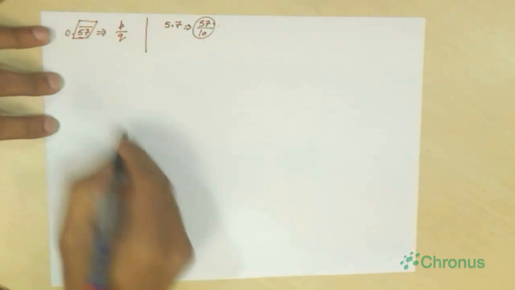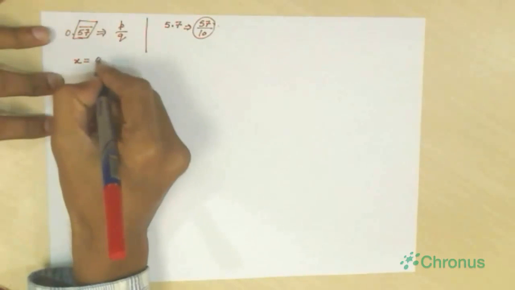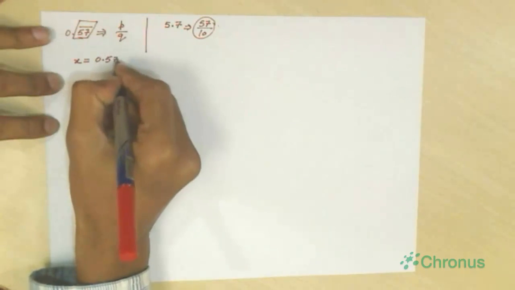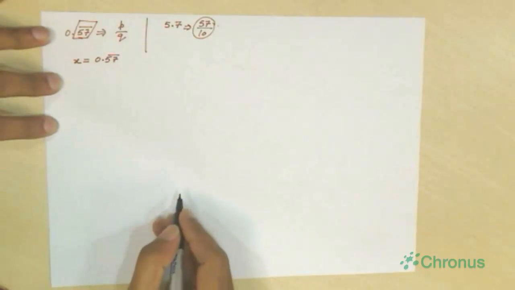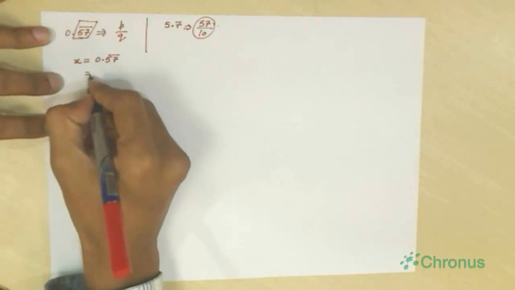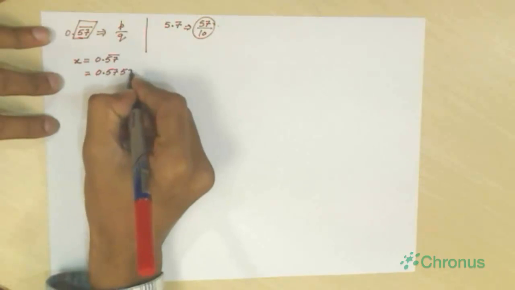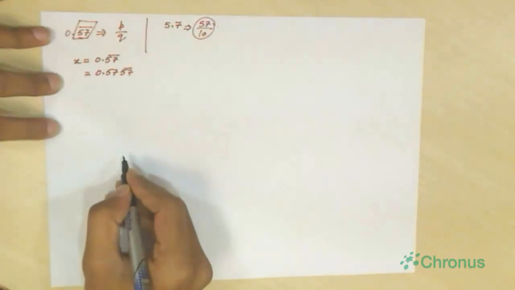So what we do is we start with assigning this to a variable. So x equal to 0.57 bar. We can also write this as 0.57 57 bar. Anyway, it's recurring forever, so that doesn't make any difference.